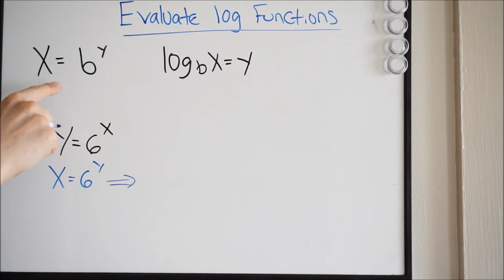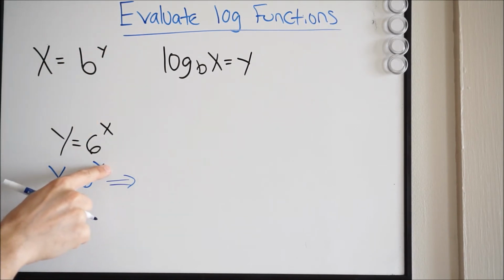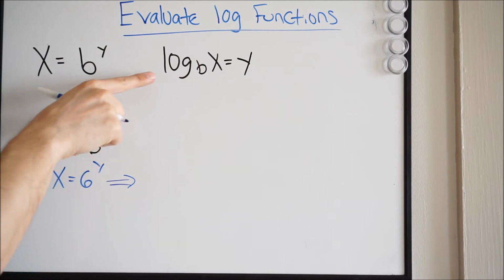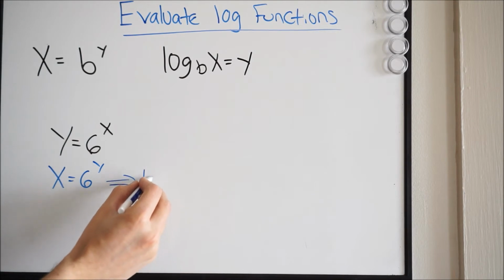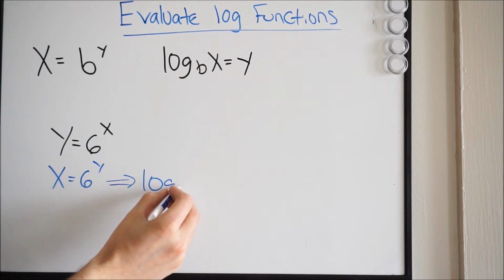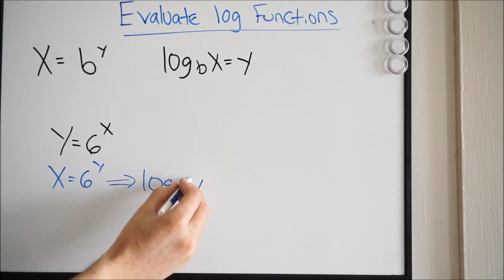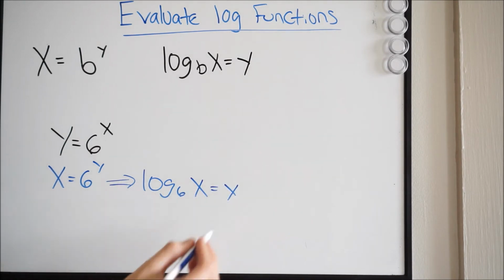So we know that we're in this format right here, x equals base, and then our power of y. Well, we can now translate this into a log function, so this will simply become log base 6 of x equals y.